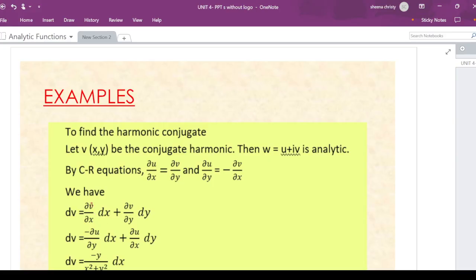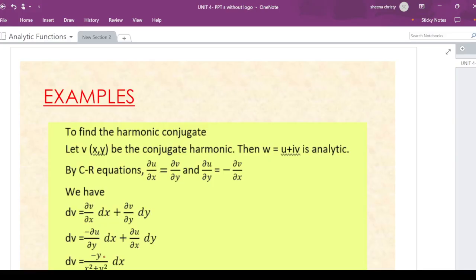We do not know what Vx and Vy are. Therefore, by making use of the CR equations, dou v by dou x is minus dou u by dou y, and dou v by dou y is dou u by dou x.